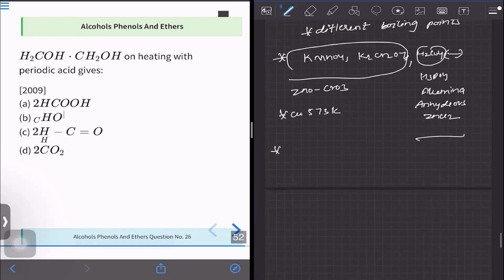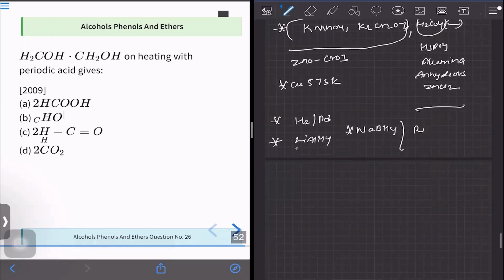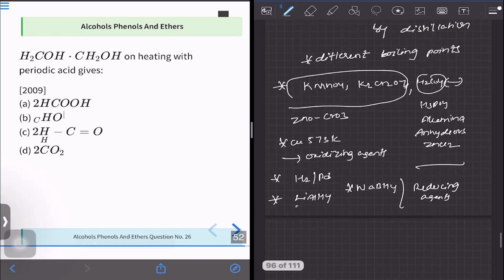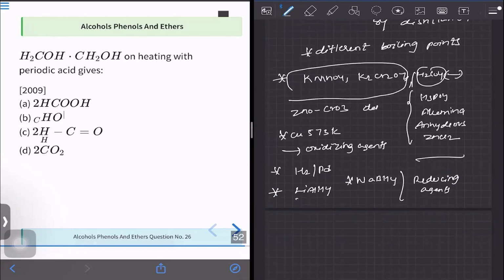Reducing agents are hydrogen in the presence of a catalyst, that is palladium, and LiAlH4 or NaBH4.